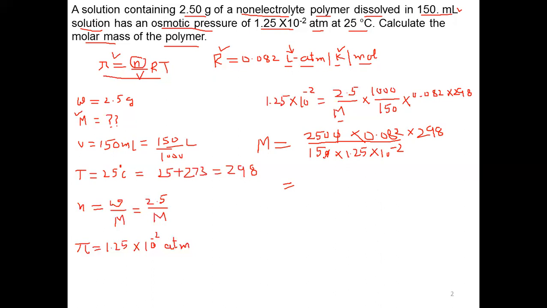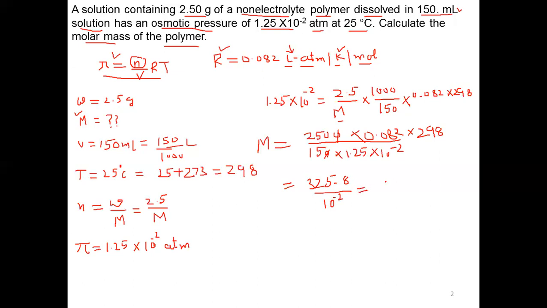So we can solve it. It will come out to be equal to 250 into 0.082 into 298 divided by 15 divided by 1.25. It is 325.8, and in the denominator we have 10 raised to the power minus 2.